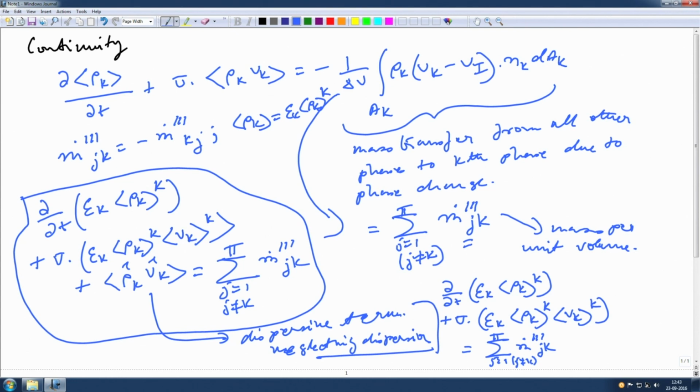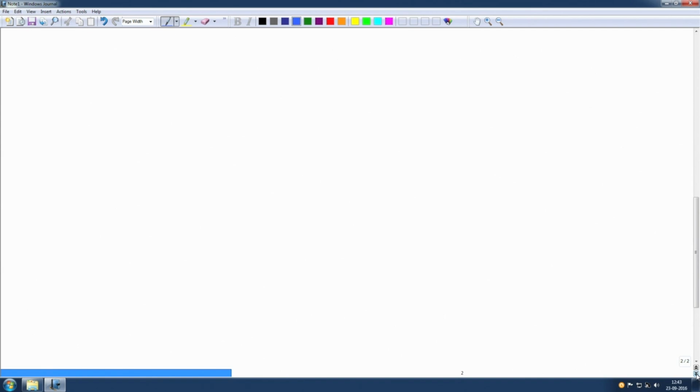If you neglect the dispersive term, this is the net equation that you get. This is the continuity equation.